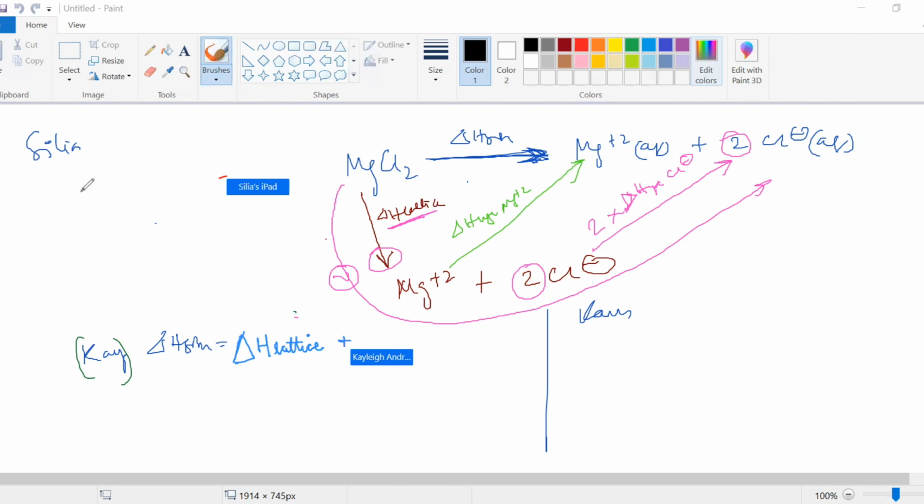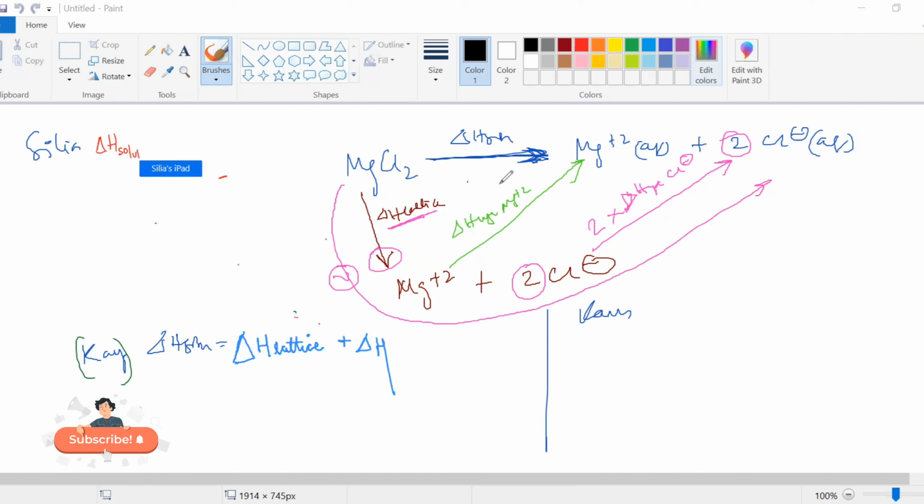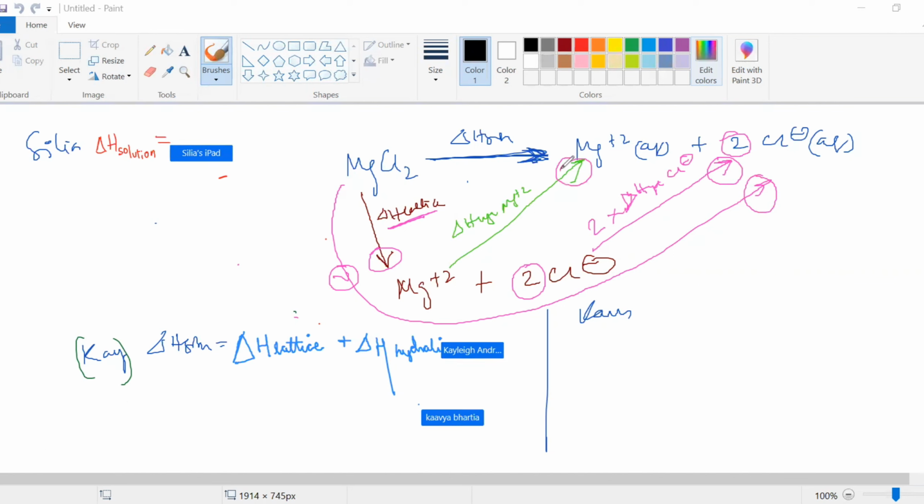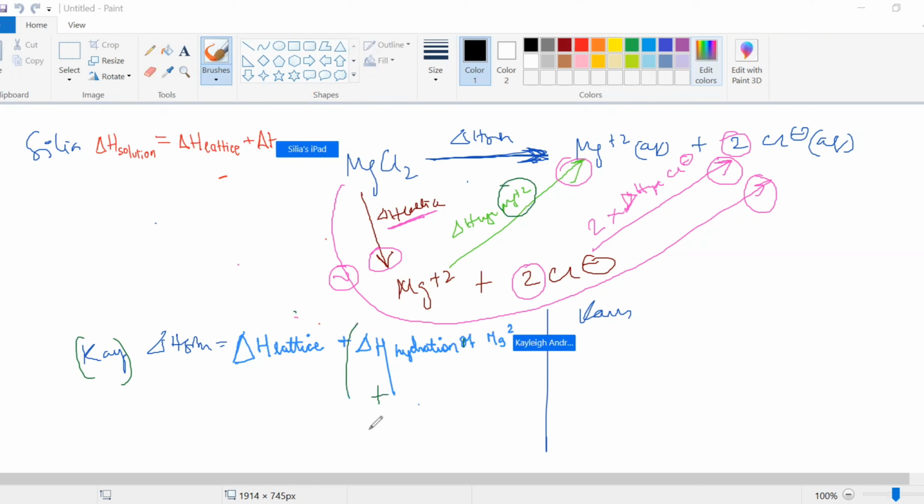Kavya, see the arrowheads are on the same side, so all will be added, equal to delta H hydration of Mg2+, plus, this is a bracket you have to write, delta H hydration of Mg2+.